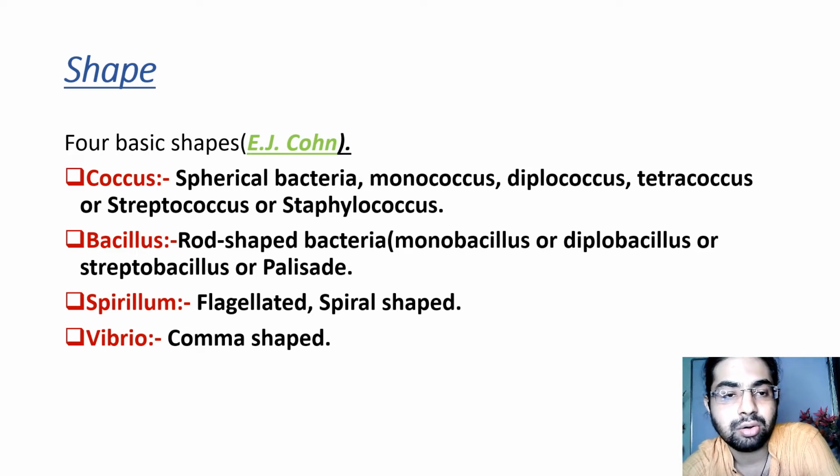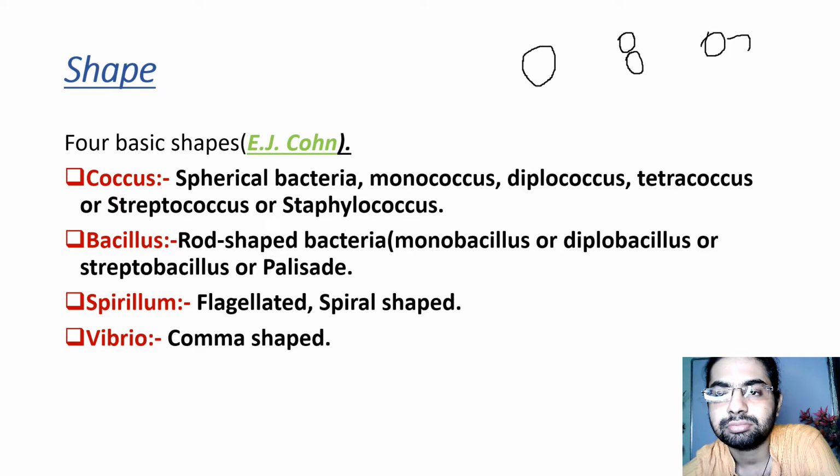Sir E. J. Cohn described 4 shapes of bacteria: Coccus, Bacillus, Spirillum, and Vibrio. Coccus is spherical bacteria. It is Monococcus, Diplococcus, Tetracoccus. These are the shapes of the bacteria, and one such shape is coccus shape.